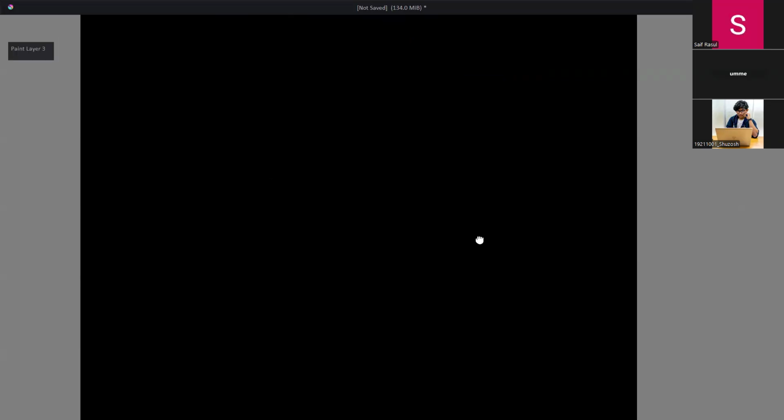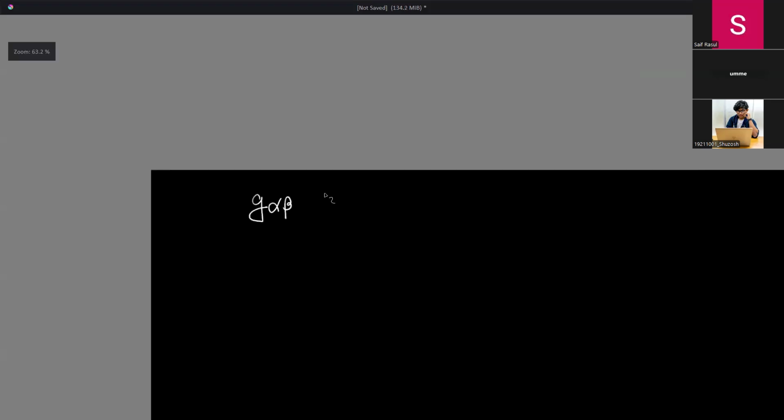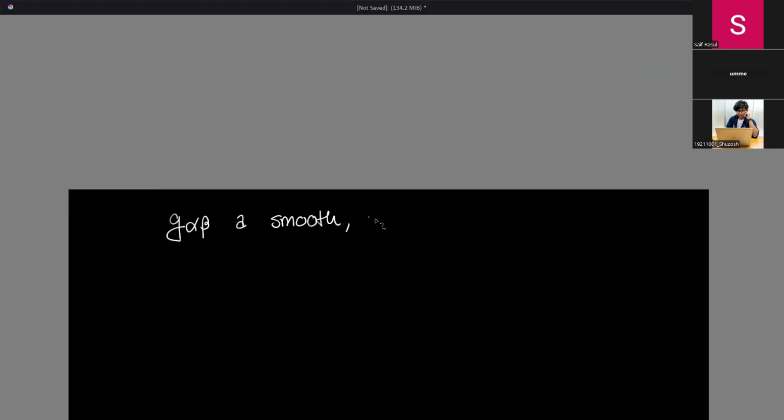So this map, g alpha beta, has to be a smooth, complex, linear automorphism, which is a mouthful.